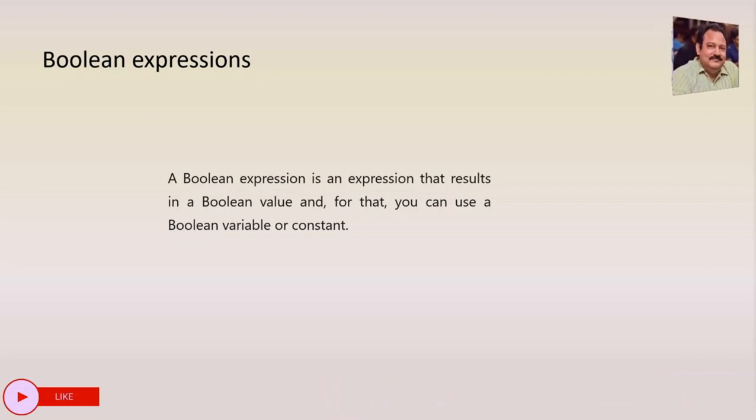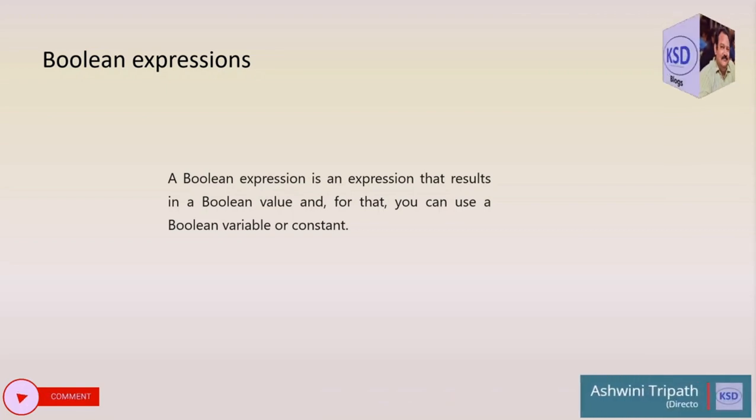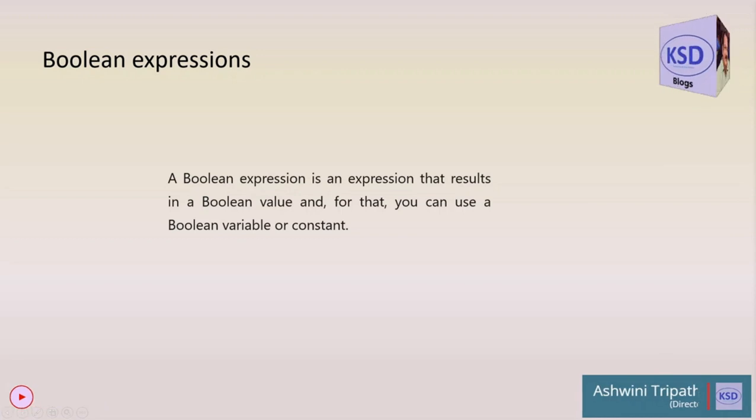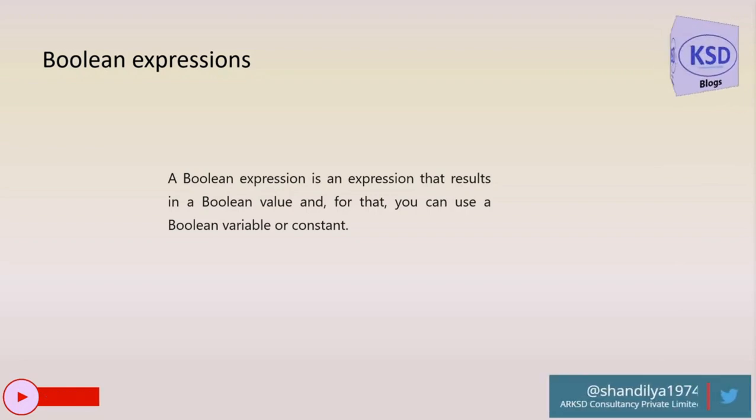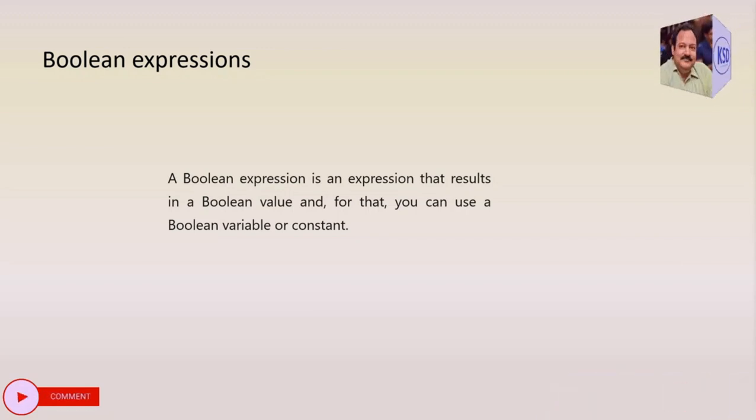Typically, relational and logical expressions evaluate into Boolean values. So we have seen the logical expressions and the relational operators. Both will give you a Boolean result. So in that case, you will be using your Boolean expressions.